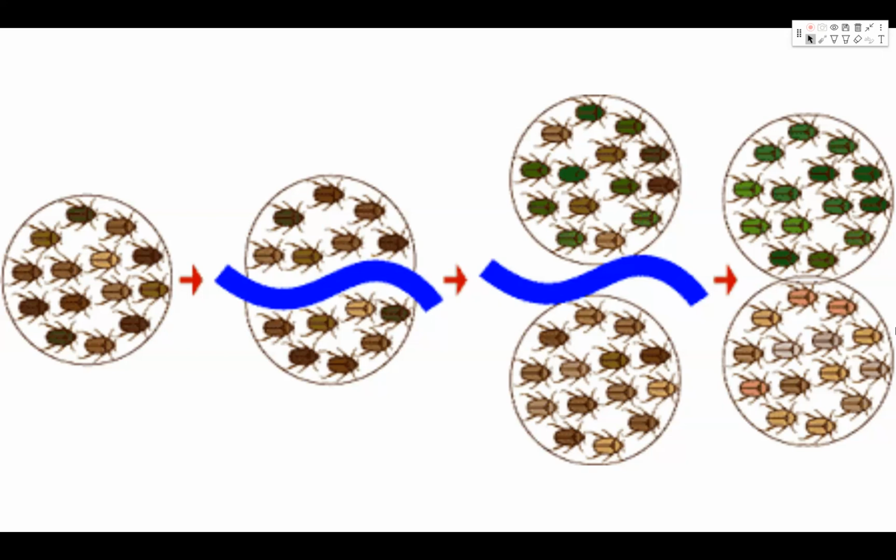Over time, this group of bugs, their gene pool, increased the amount of green in their population. This happened over so much time that eventually all of the bugs in this population have this green gene, and all of the bugs in this population stayed brown. Now, if these two populations were to come back together, they could no longer interbreed. Questions? Doing okay?